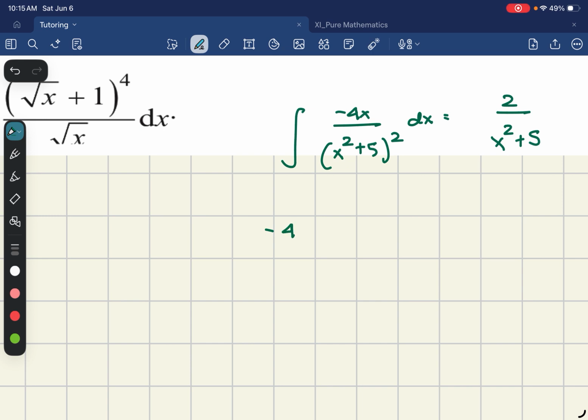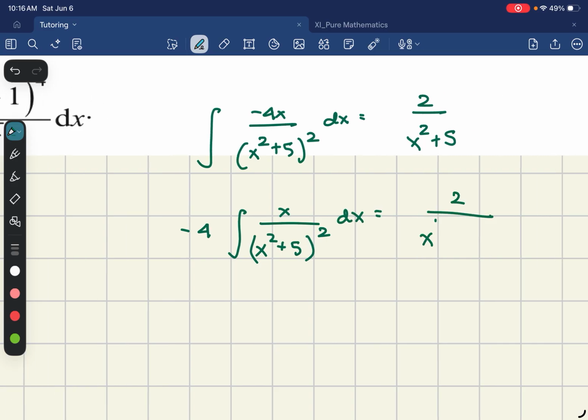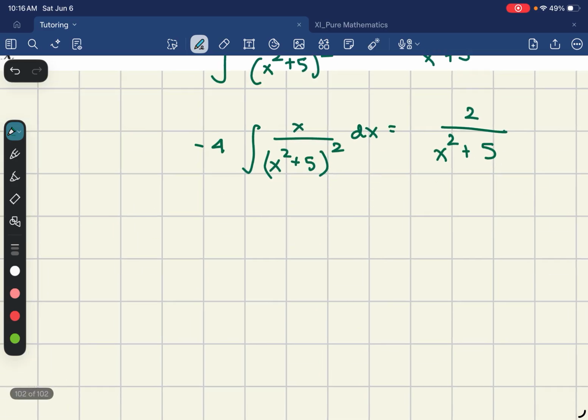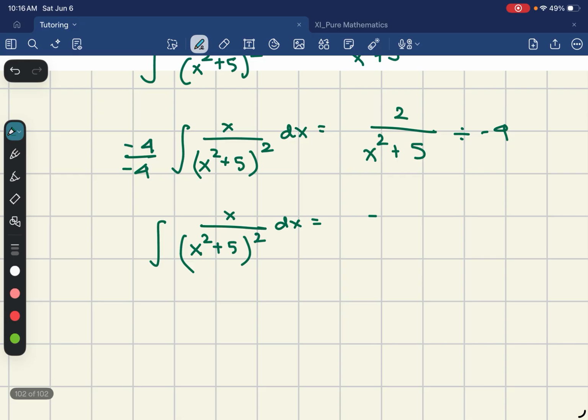So I can factor out a -4, x over x squared plus 5 squared dx is going to look like this. And if I divide by -4 on both sides, I need to divide by -4, right?